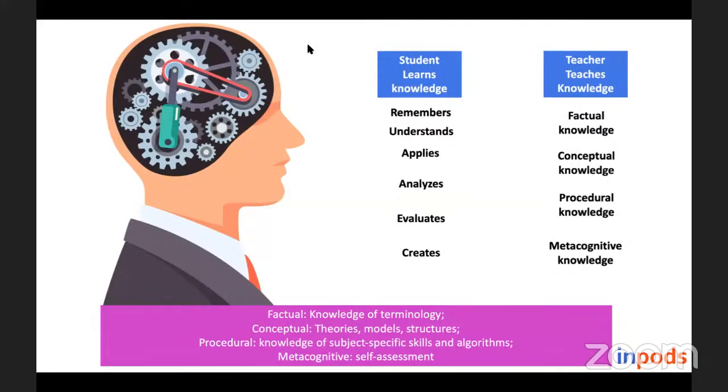Benjamin Bloom and his team defined these 6 steps, and that is why it is famously known as Bloom's taxonomy.